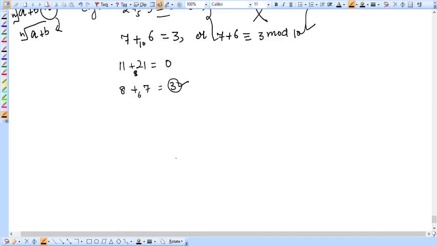Now we will try to prove that this is a group. Okay, so a result on addition modulo n.